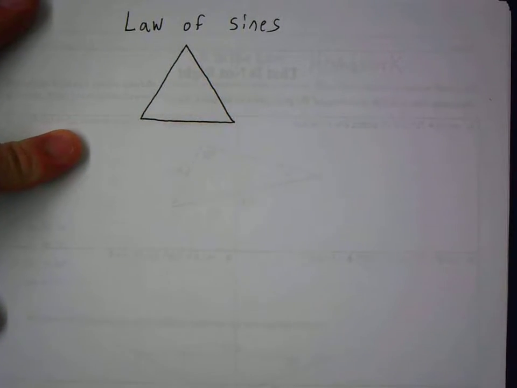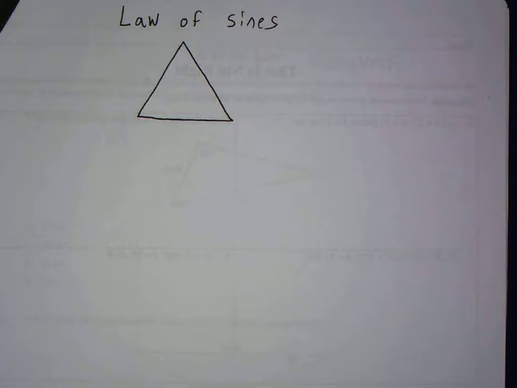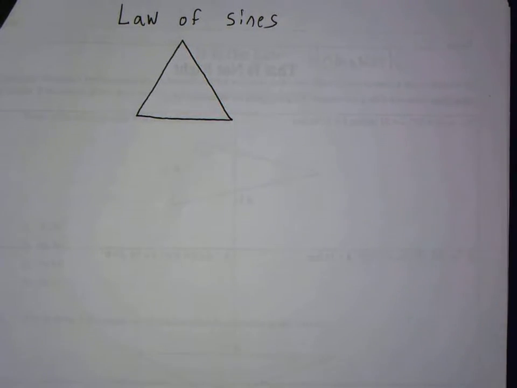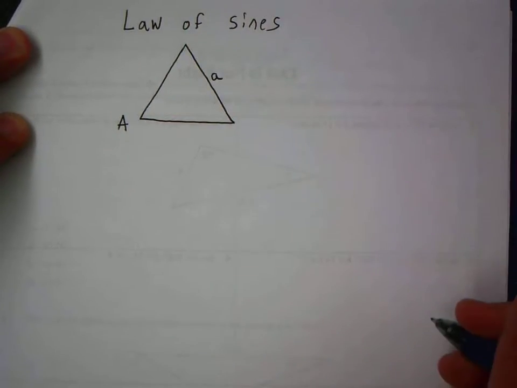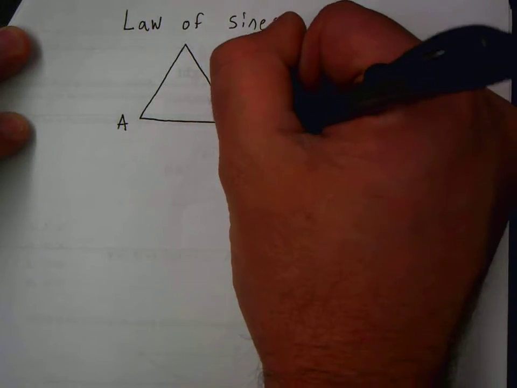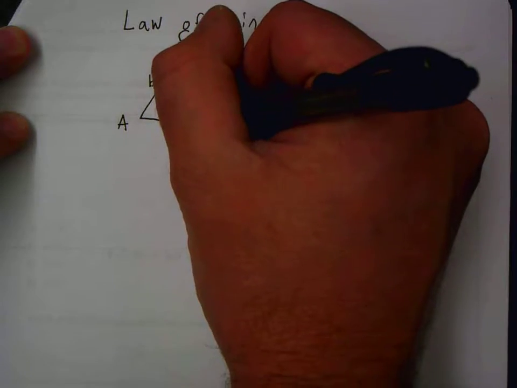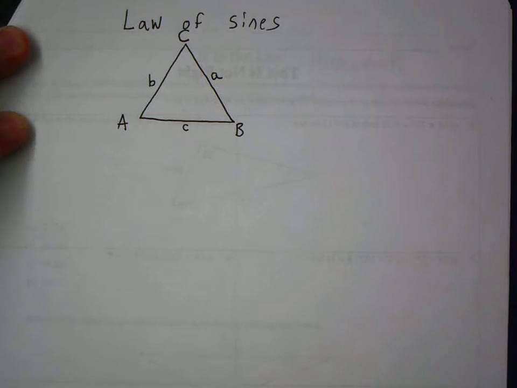I know all sides look the same, but maybe they are, maybe they're not. Regardless, no angle is clearly 90 degrees. They're all acute. Now let's label. Remember, if we let this be big A, then this is little a. If we let this be big B, then this is little b, and if I let that be big C, that's little c.